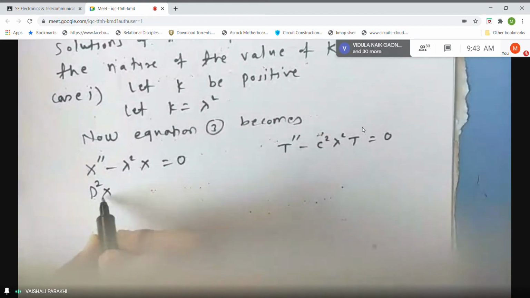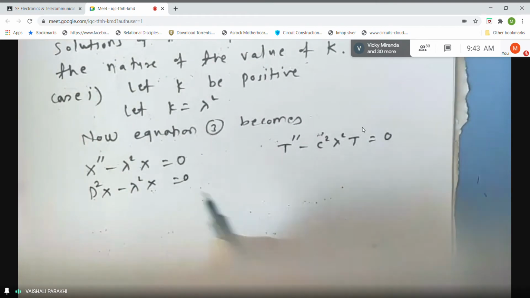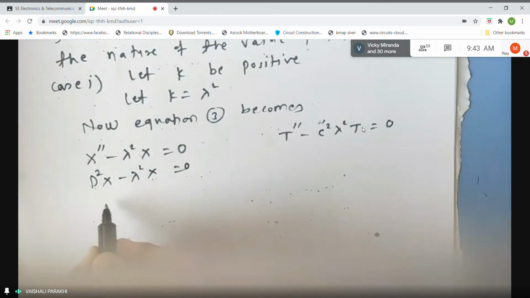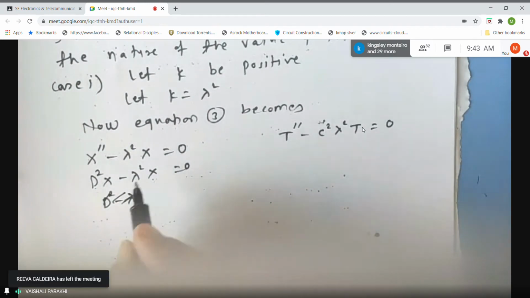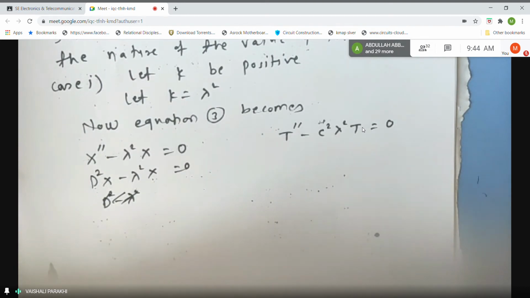D square of x minus lambda square of x is equal to 0. See if you remember this. What we do here is we take the common terms and then we write the auxiliary equation with the complementary function and particular integral. Right? Do you remember all these things, students?